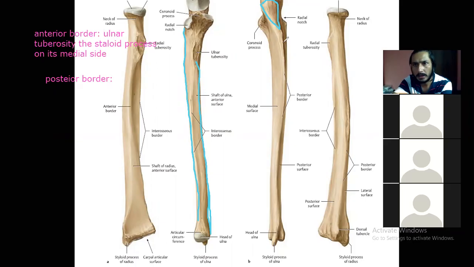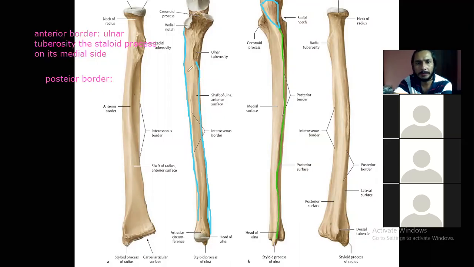From the apex of the posterior surface of the olecranon process there is the beginning of the posterior border of the ulna, and it finally terminates at the base of the styloid process. So this is the posterior border.